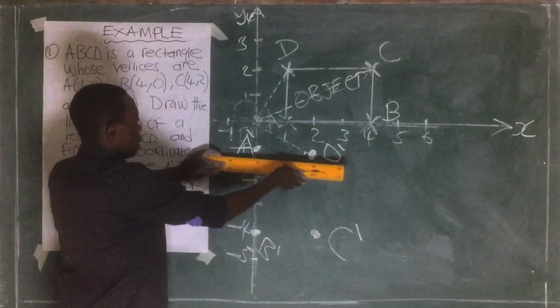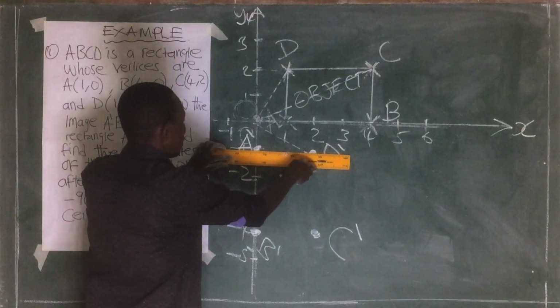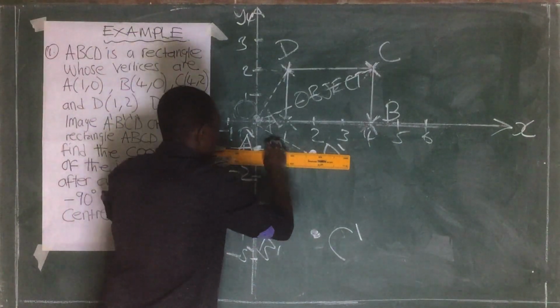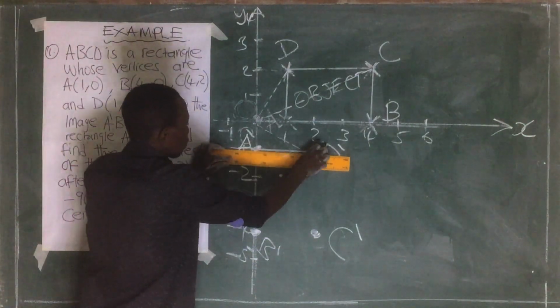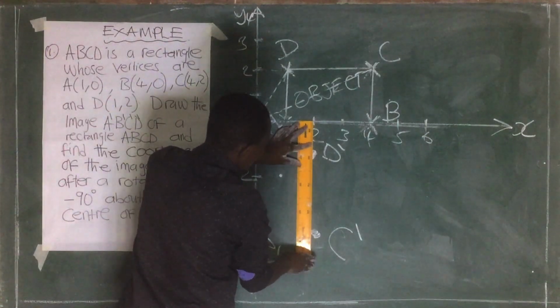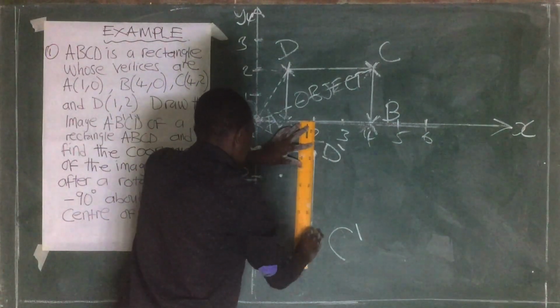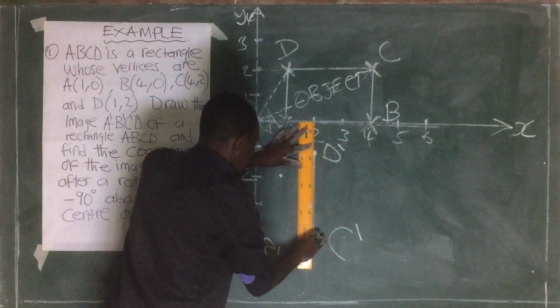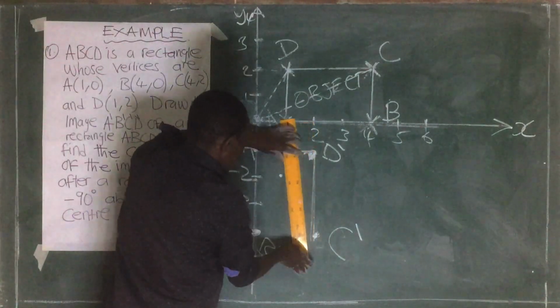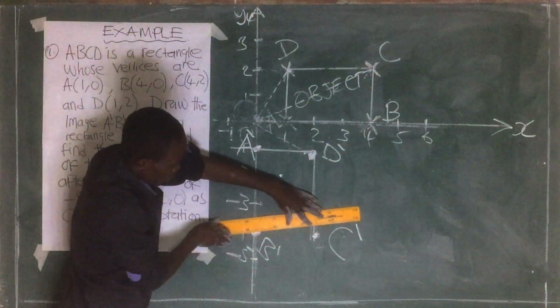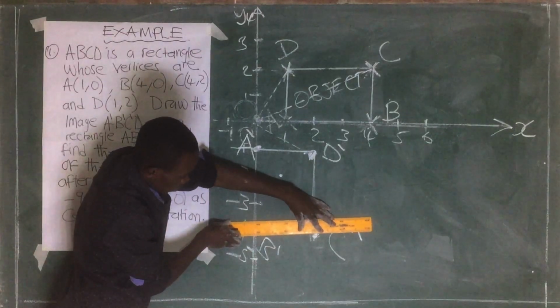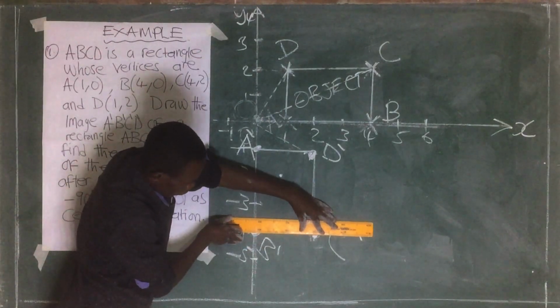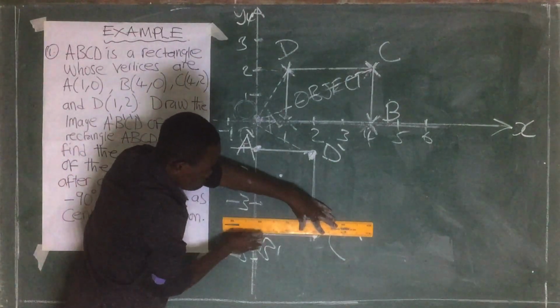If we are to join, we have A connected to D to form side AD of the rectangle, and then D to C, you come like this one. And then finally, you connect B and C like this. Right.